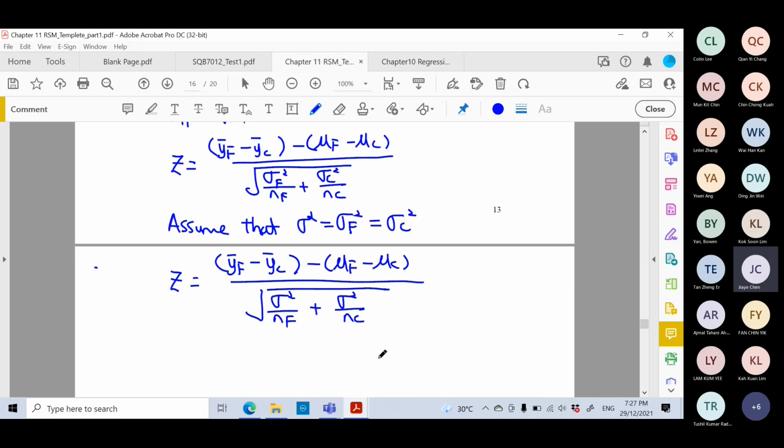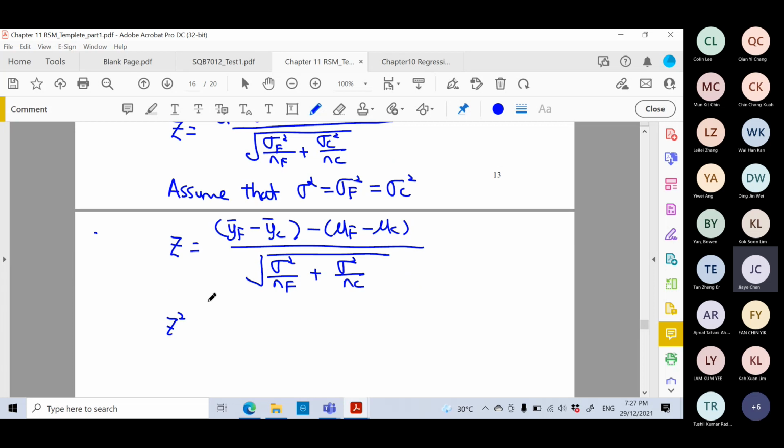Okay, so you can square it out, because this one follows the normal distribution with mean 0 and variance 1. It is a standard normal; you standardize it and it follows the standard normal distribution.